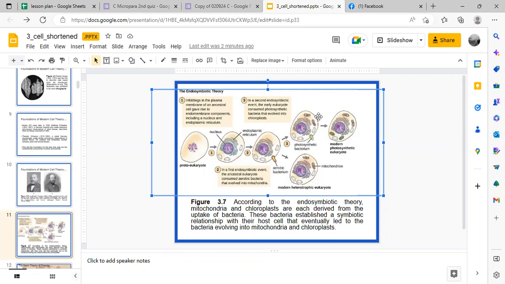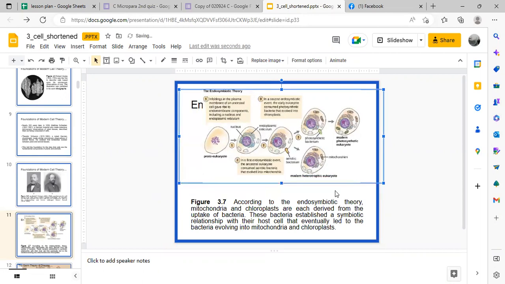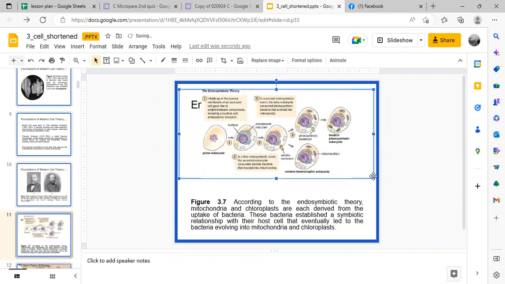So yung mga algae at saka mga plant cells na may chloroplast, this is the result of the assimilation of this photosynthetic bacteria. Okay? So yun yung development ng modern eukaryotic cell. And the theory is called endosymbiotic theory.